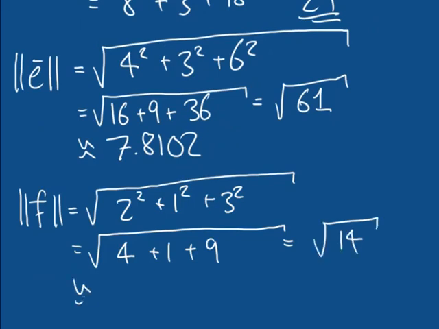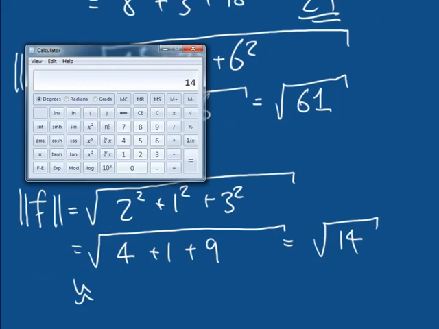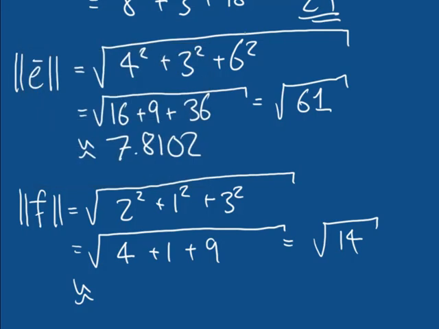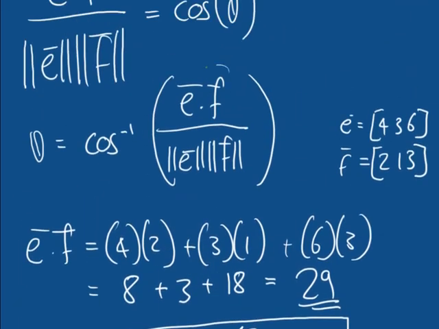If we use our calculator, that is approximately equal to 3.7417 if we round this to 4 decimal places. Fantastic.